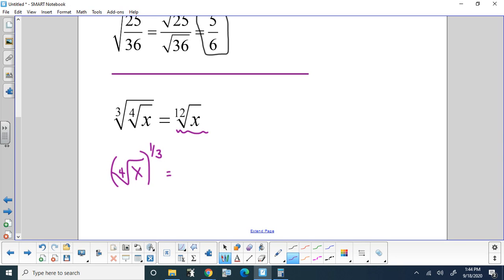Then if I rewrite that as a rational exponent, the fourth root of x, I have 1/4 to the 1/3 power. Exponent rules say multiply those together, and that's where you get your 1/12. This is the same thing as the 12th root of x. Again, radicals and exponents have a lot in common. You'll see a lot of similarities in their properties.